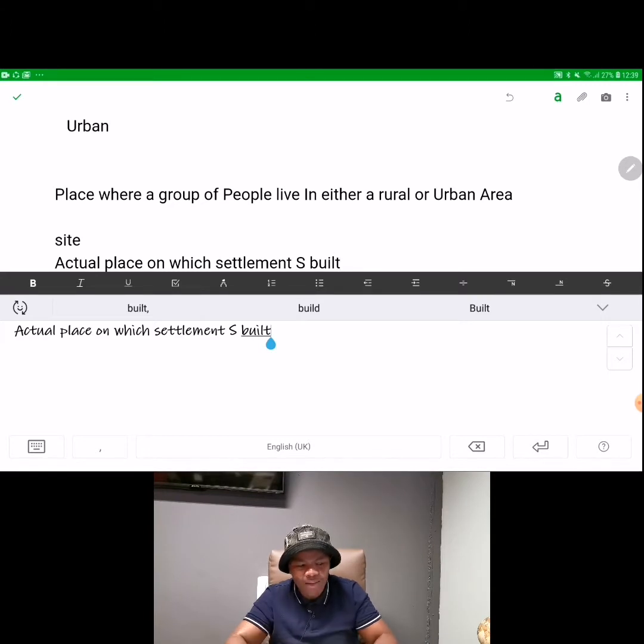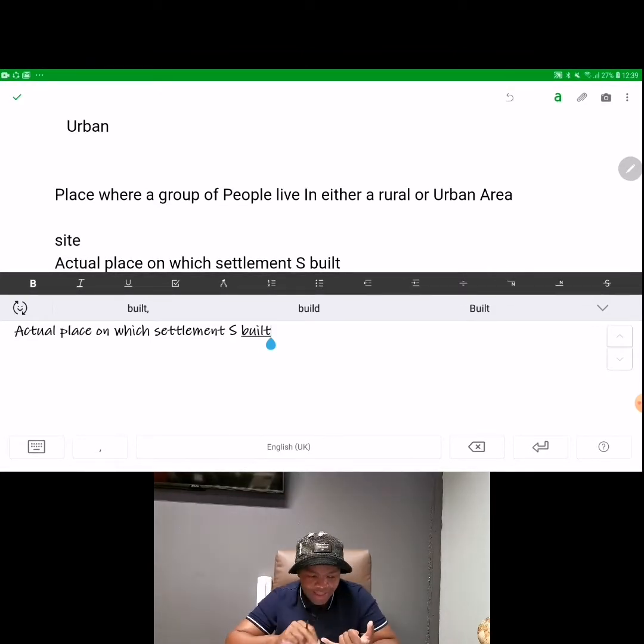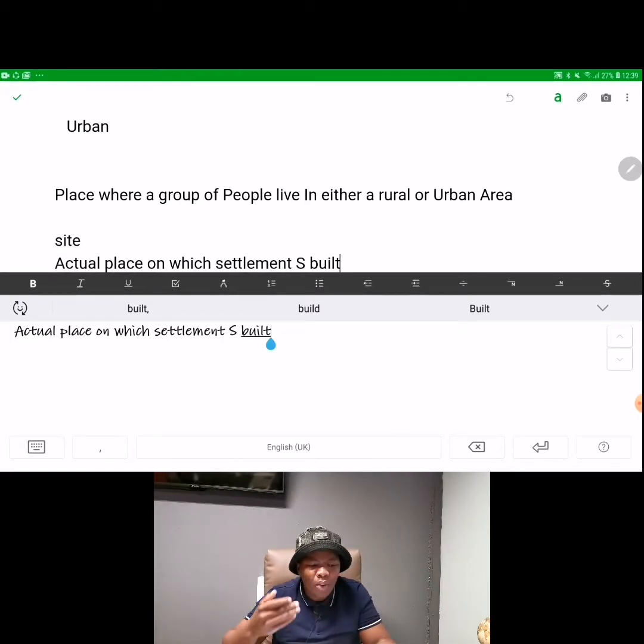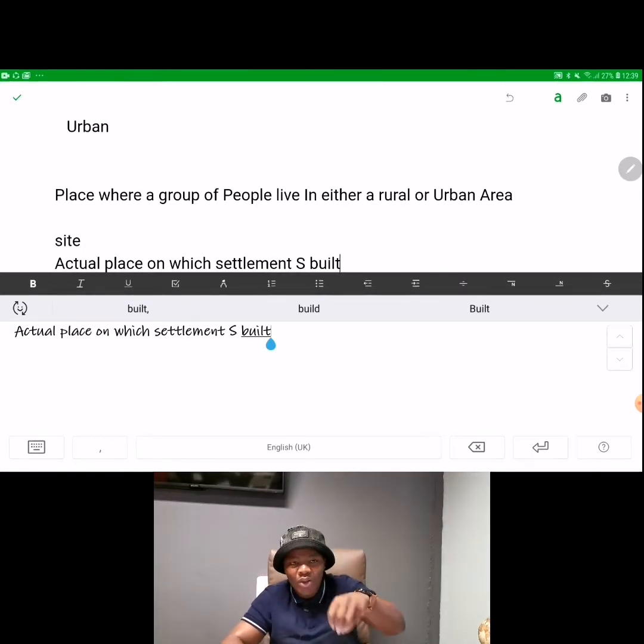And then again, I want you to understand the situation, because we'll be speaking about a settlement in relation to the site and also the situation. The situation is the position of a settlement in relation to the surrounding environment.